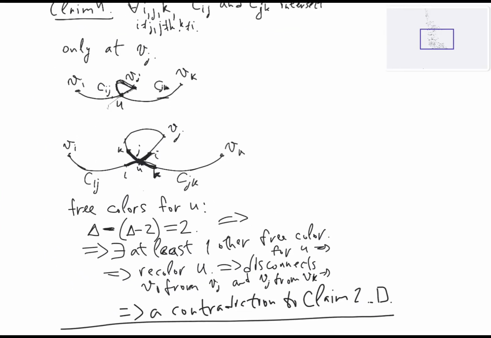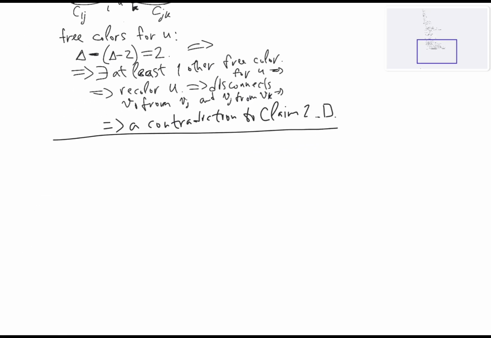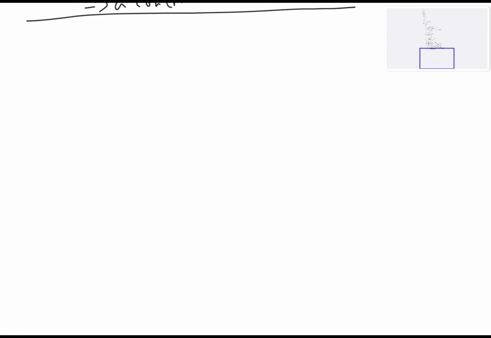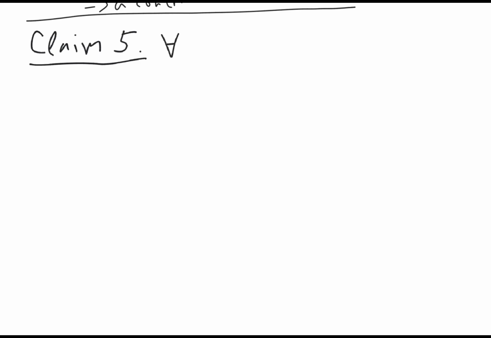So okay, now we have claim 5. And claim 5 says that they are not just not intersecting at any other vertices, but claim 5 says that Cij, for any i and j, Cij is a single edge.